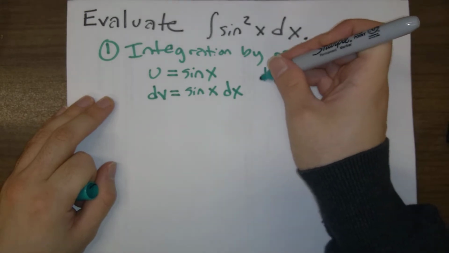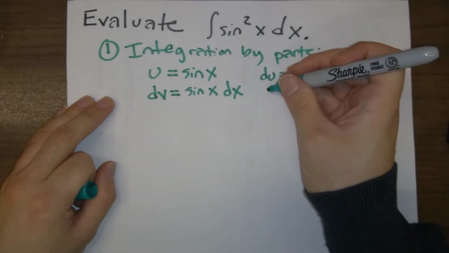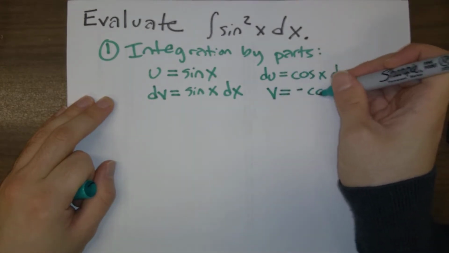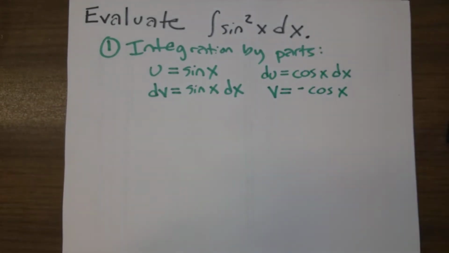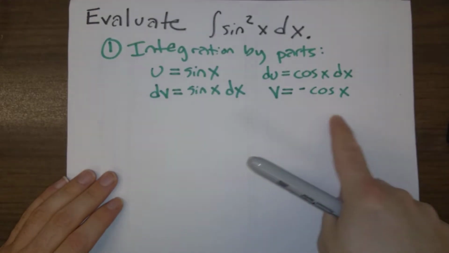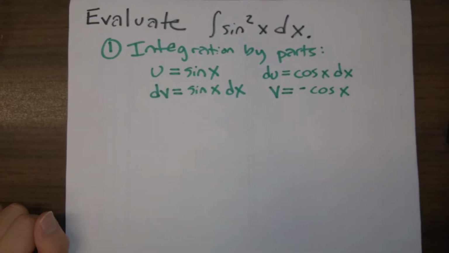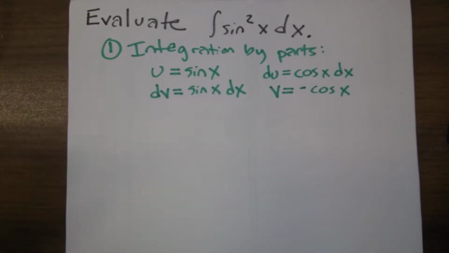In that case, du would be cosine x dx, and v would be minus cosine x. You wouldn't be done after this. There would be another integral: you'd end up having to find the antiderivative of cosine squared x. I'll leave that as an informal exercise for the time being.